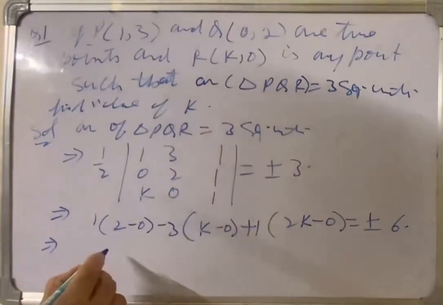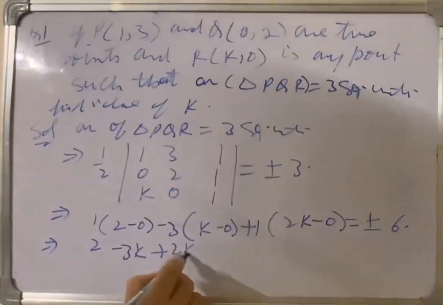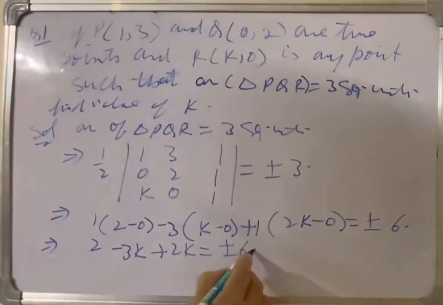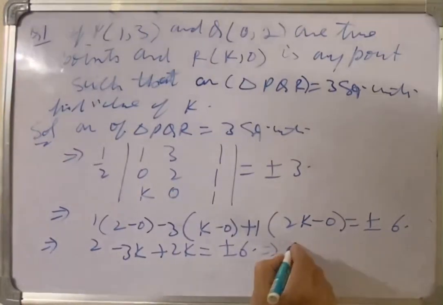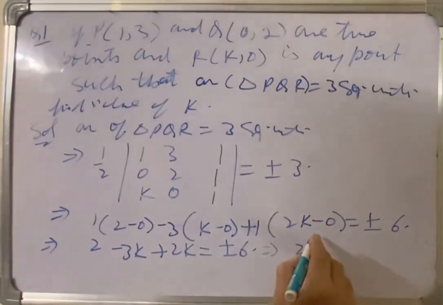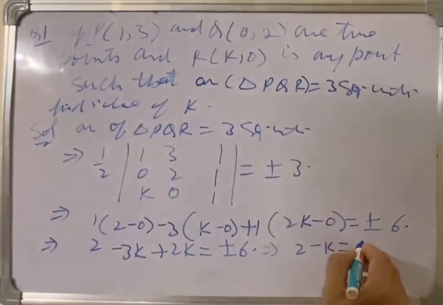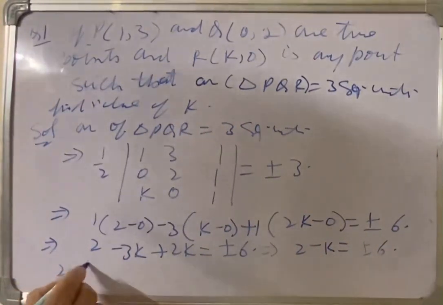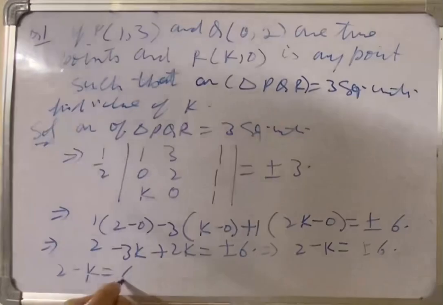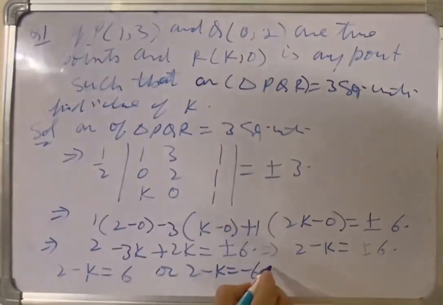This will give you 2 minus 3K plus 2K is equal to plus minus 6. That is, 2 minus K is equal to plus minus 6. 2 minus K is equal to 6, or 2 minus K is minus 6.